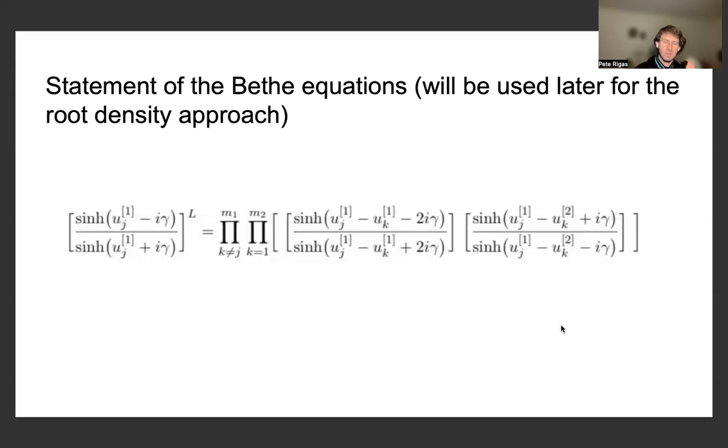So it's a very similar parameter evaluated in the numerator and the denominator, where the u1 of j term is the root of the first type of the Bethe equation.